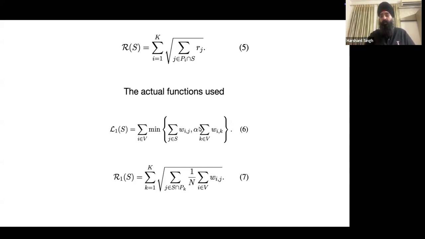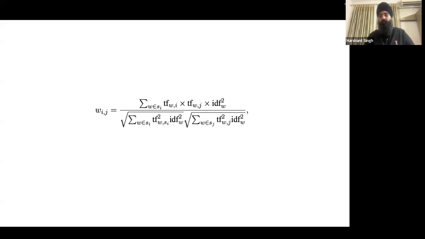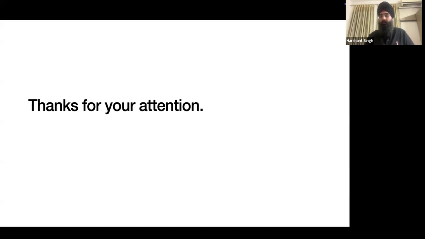The actual functions used are these. Wij is the cosine similarity, and R1 of S is a function which is again submodular. It is designed to be submodular and to reward diversity. This is the form of Wij, and this is cosine similarity. And thanks for your attention.